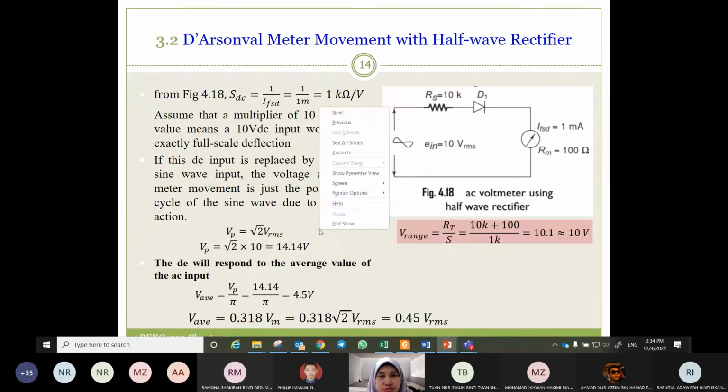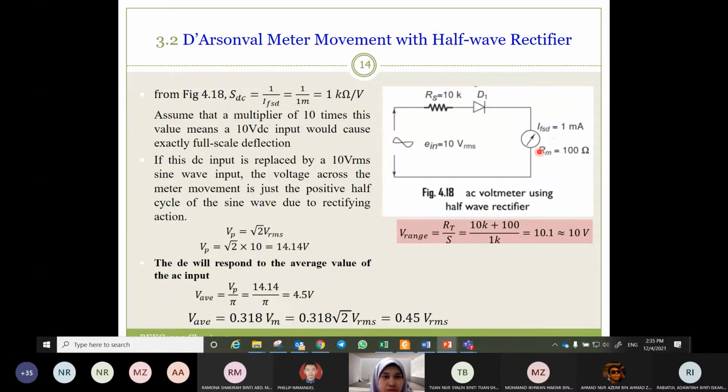If this DC input is replaced by a 10 VRMS, let's say the signal is now AC, so it becomes a 10 VRMS sine wave input. The voltage across the meter movement is just the positive half cycle of the sine wave due to rectifying action.